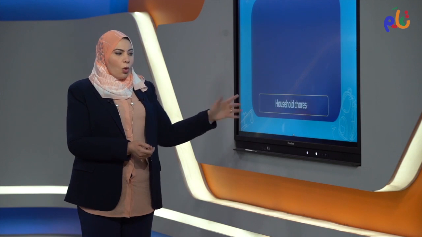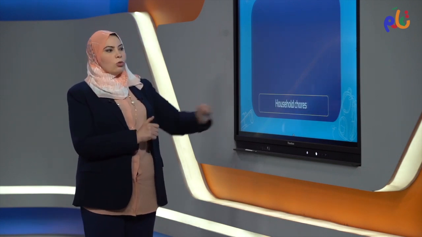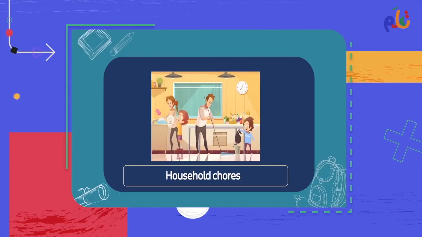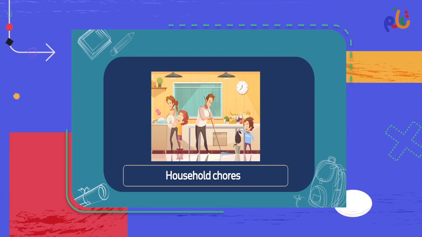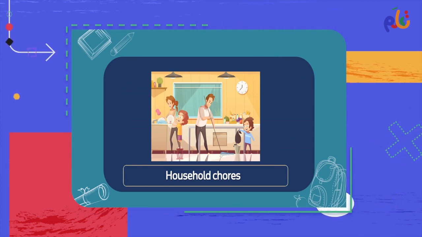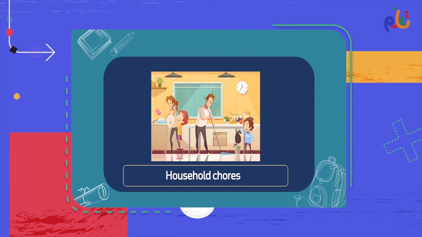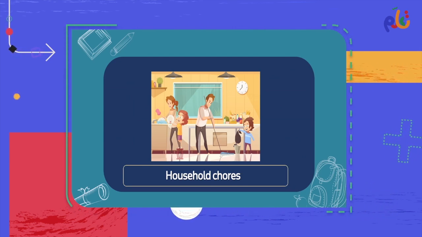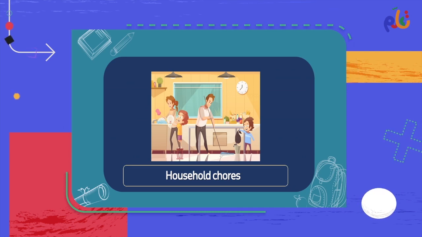So we're going to start with the words that can help us speak about these household chores. So as you see here, we have a family, so a father, a mother, and 2 kids or 2 children. So when we think of the house, let's think who might be responsible. The father, the mother, or the kids can do it.